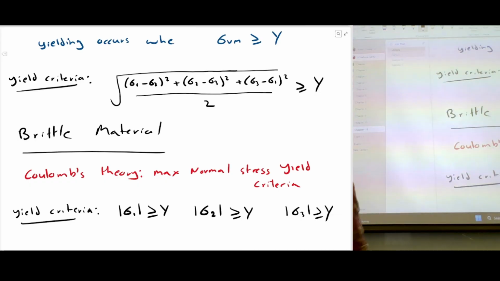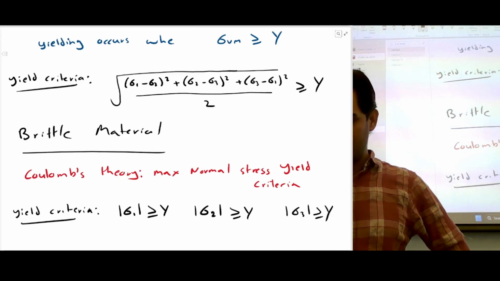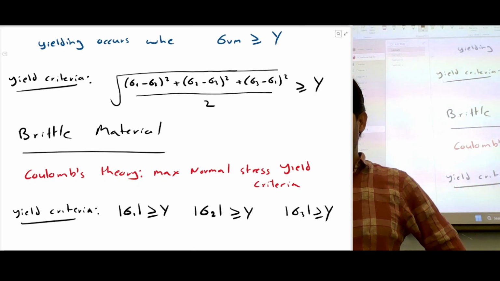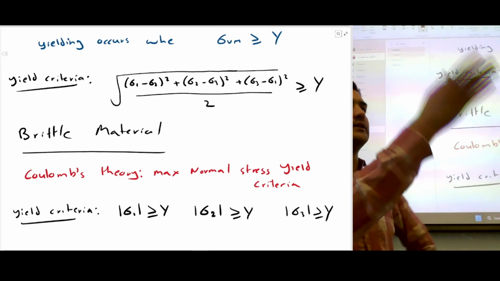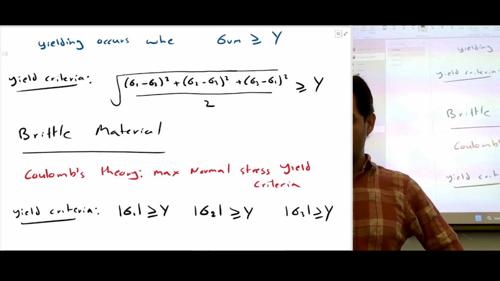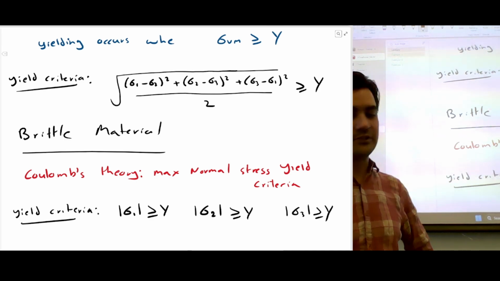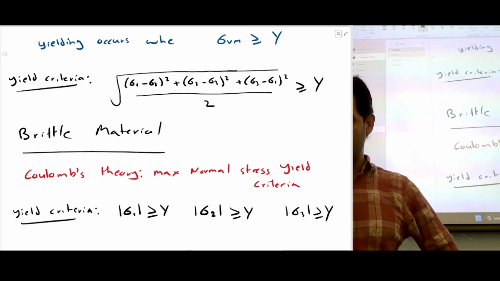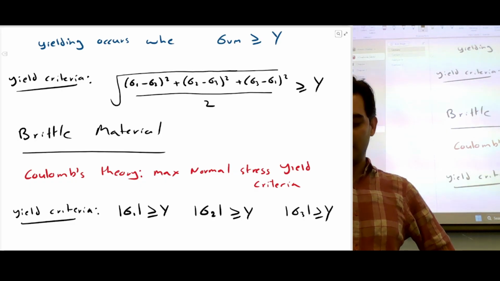So the first few parts are the same. So it says you have to draw Mohr circle. So you guys can try to draw Mohr circle. And you also have to calculate the principal stresses, which you guys can calculate, and the angle of rotation. The third part is draw stress element, which you can do.